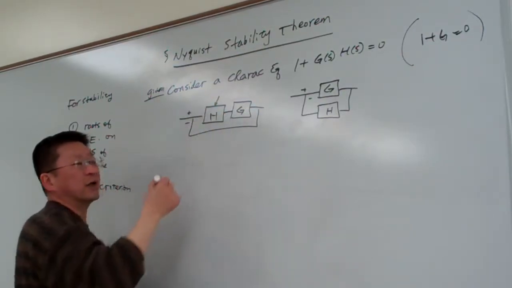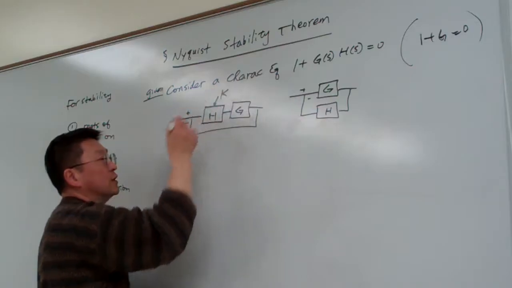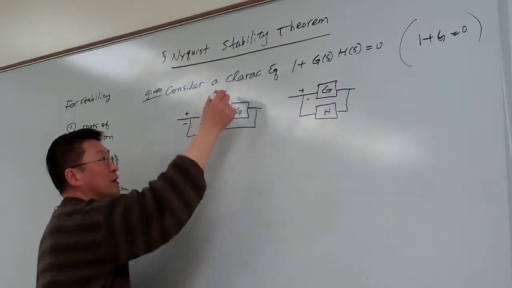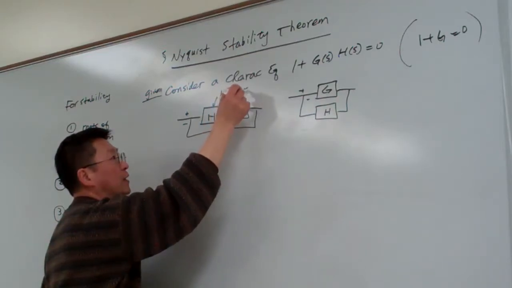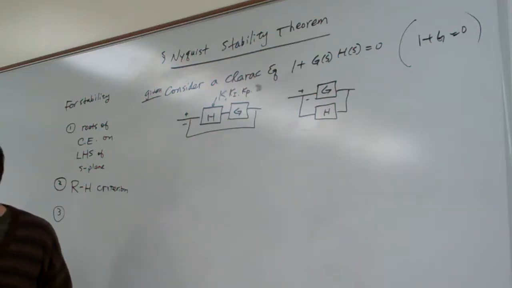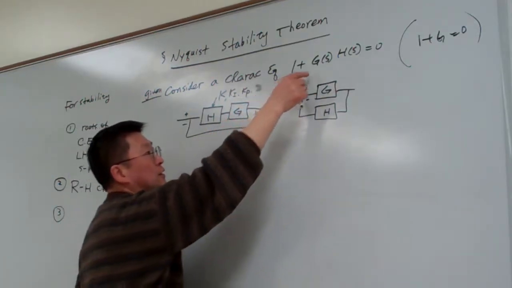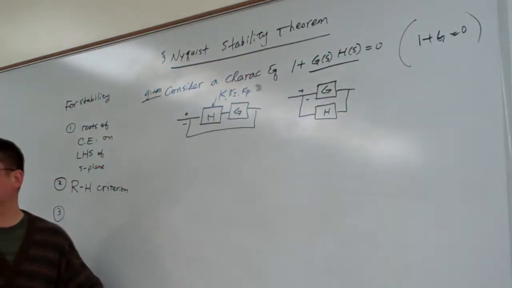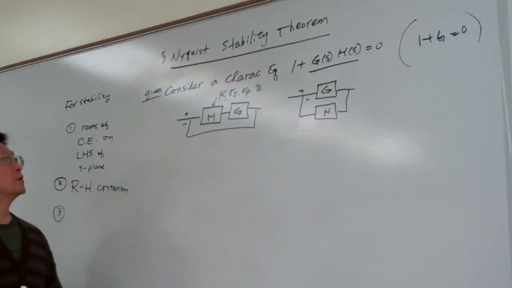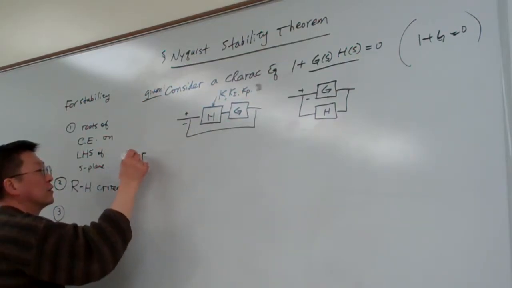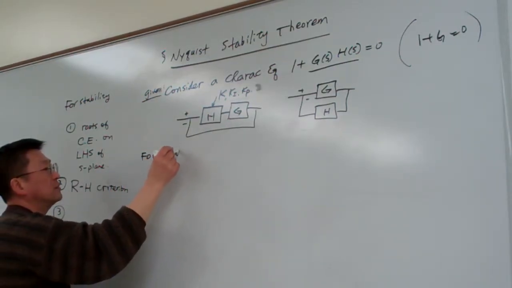Usually the controller might have a parameter k, or if you select PID, then you have KP, KI, and KD, whatever, right? Just keep those things in mind. So here I'm writing it in this way as implicitly including those parameters already. So that's the given system, and we want to know this for stability.